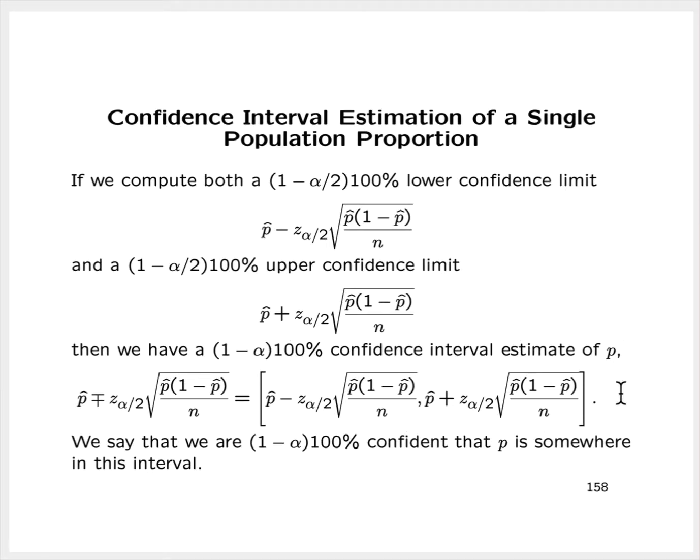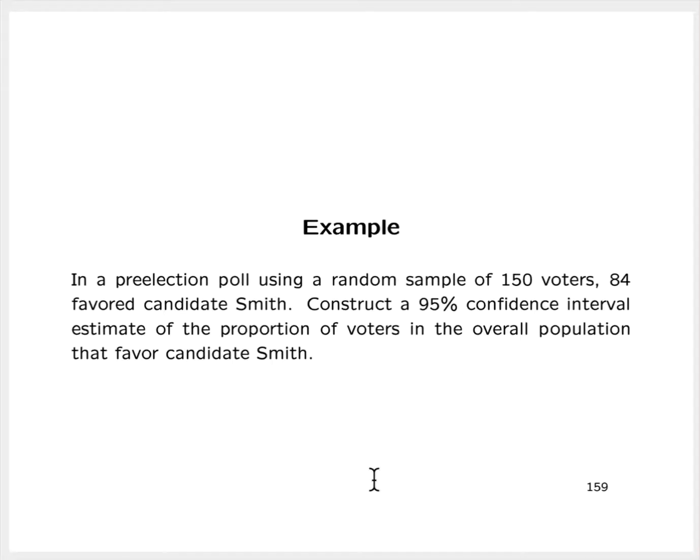That gives us a 1 minus alpha times 100% two-sided confidence interval for p. Once we have constructed this from a sample, we say that we are 1 minus alpha times 100% confident that the true population proportion, whatever it happens to be, is somewhere in this interval, somewhere between these two endpoints.